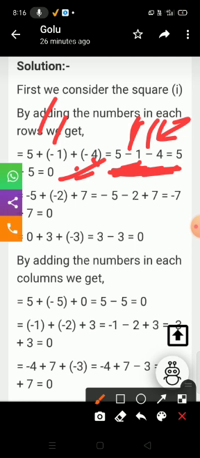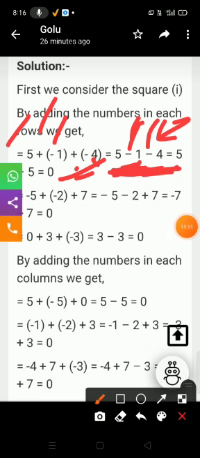So you have to solve all the questions. In the first square I solved only the first row, but you have to solve the second and third rows and the columns also.